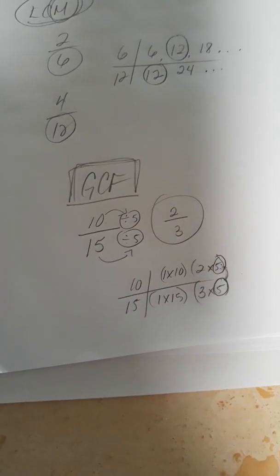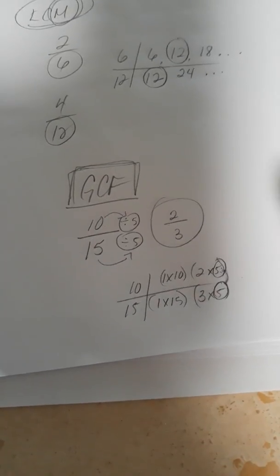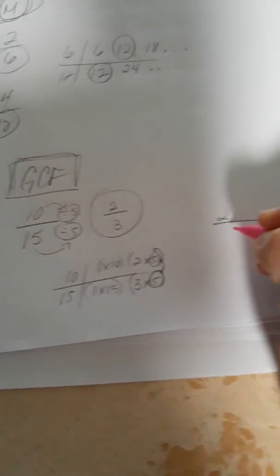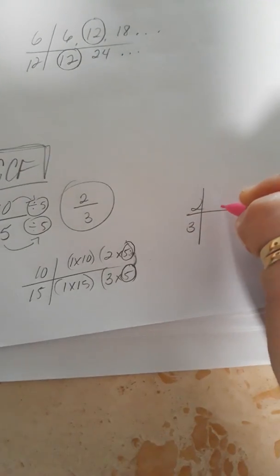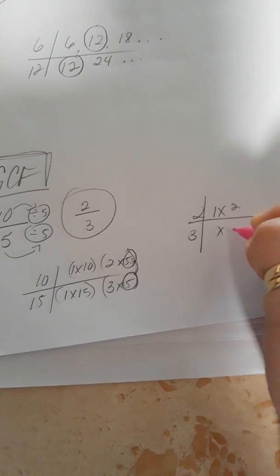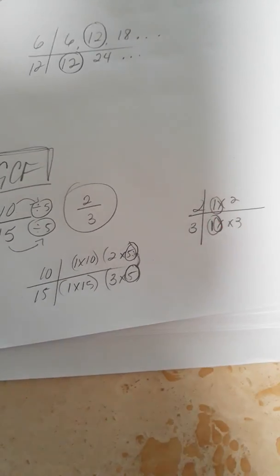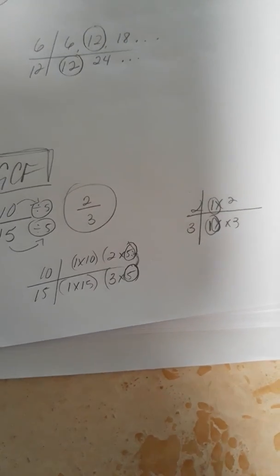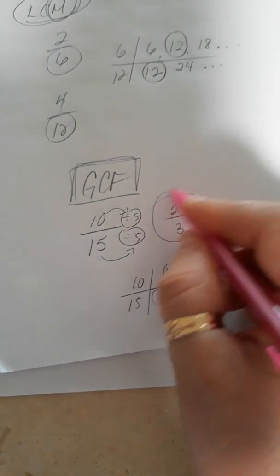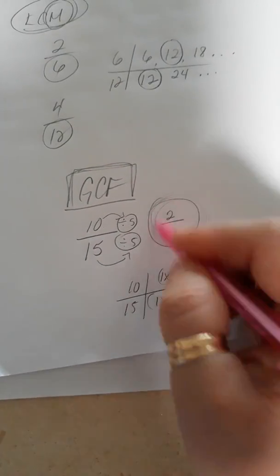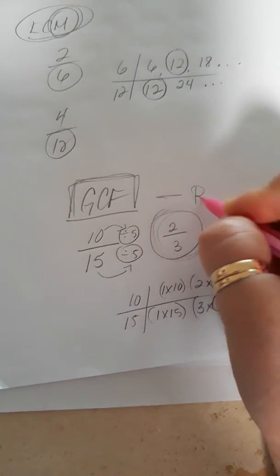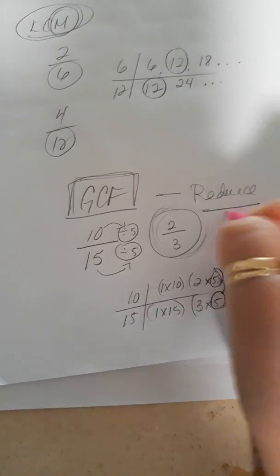And I can't simplify 2/3 anymore. How do I know? Well, if I make my chart, all they're going to share is the 1. And if I divide by 1, I'm still going to get 2/3. So the greatest common factor is used to reduce, or simplify, which is the same thing.